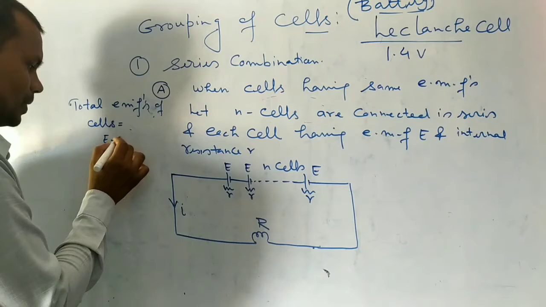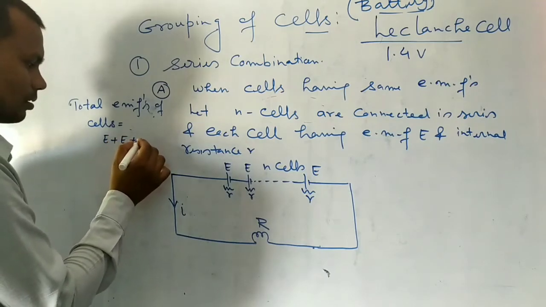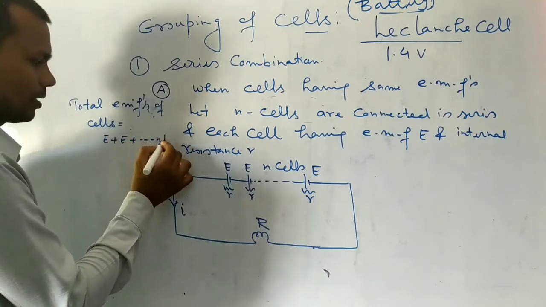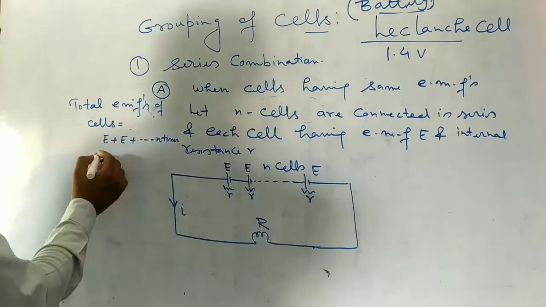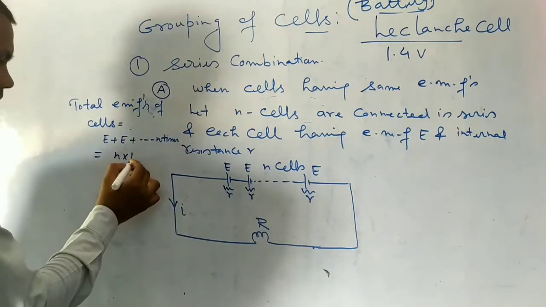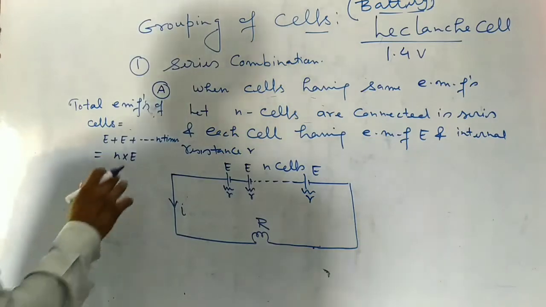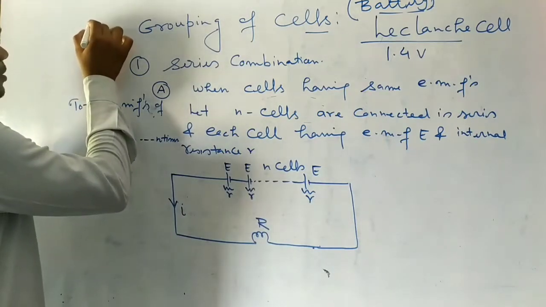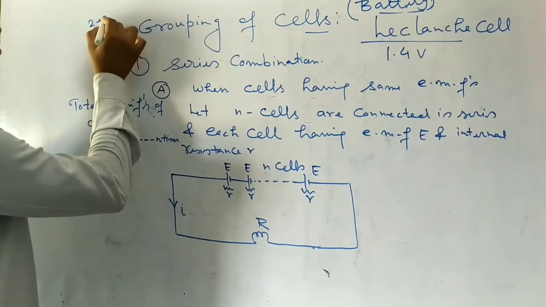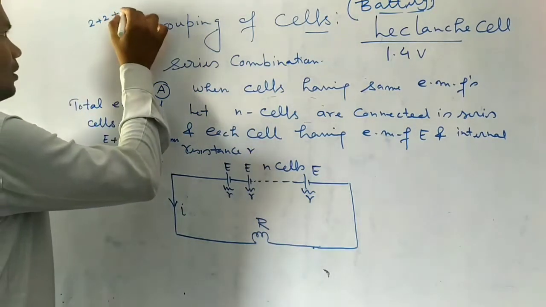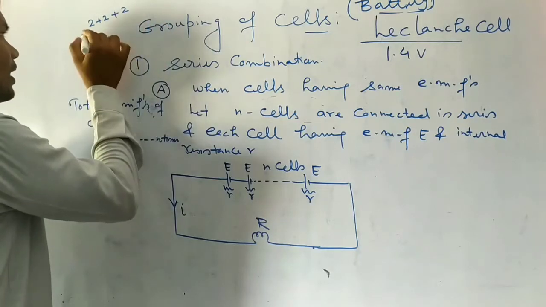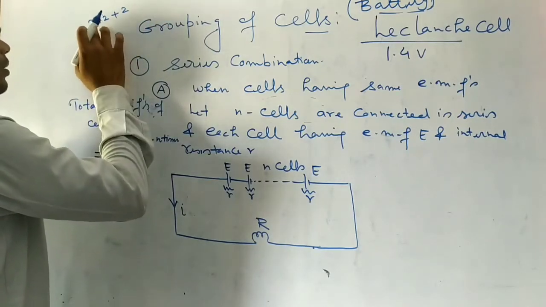So E plus E, and so on, how many times? n times, right? We can write this simply as n multiplied by E. Suppose we have 2 and we are adding it: 2 plus 2 plus 2.